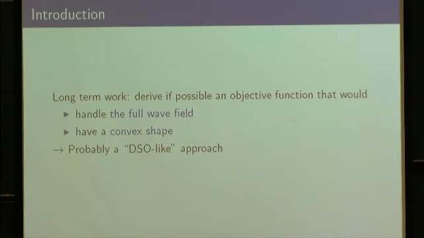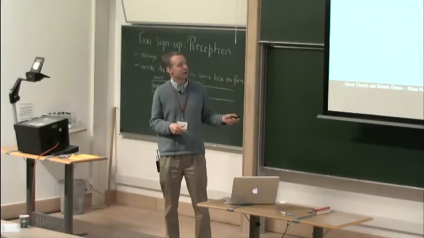I'm interested in deriving possible modified objective functions in order to retrieve the background velocity model, not the details of the velocity model. The details could be retrieved by the classical formulation, but here more the background velocity model.